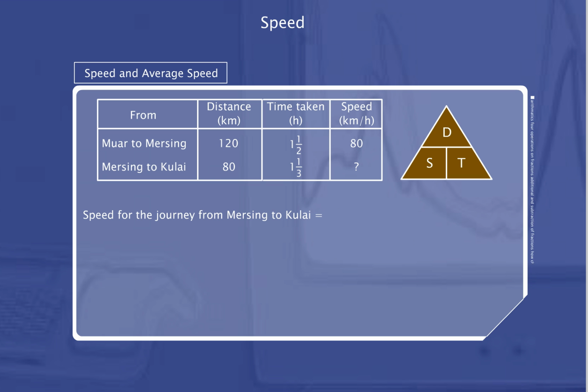The speed for the journey from Mersing to Kulai is 80 divided by 1 1/3 kilometers per hour, equals 80 times 3/4 kilometers per hour, equals 60 kilometers per hour. The speed for the journey from Mersing to Kulai is 60 kilometers per hour.